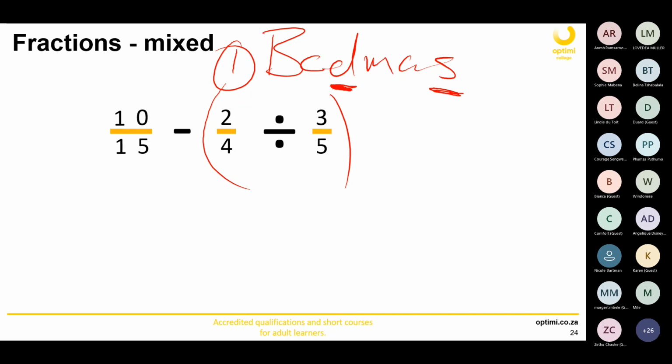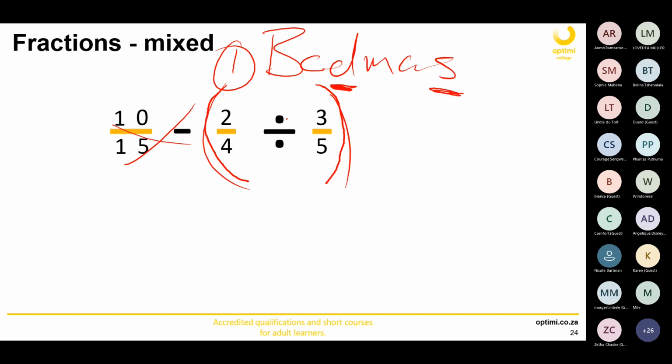So if I have to do the division first, then I'm going to focus on the two numbers that need to be divided. I'm not even going to think about this. I'm going to focus on 2/4 divided by 3/5.